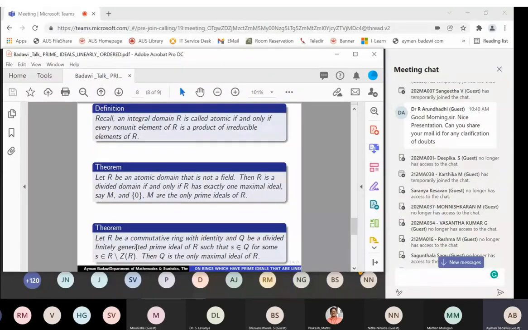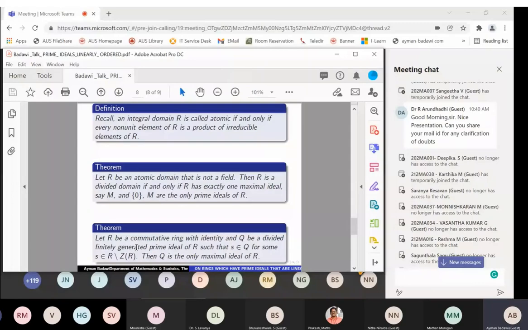So let R be a commutative ring with identity, and let Q be a divided finitely generated prime ideal. So what did I add? I add divided: a finitely generated prime ideal that is divided.